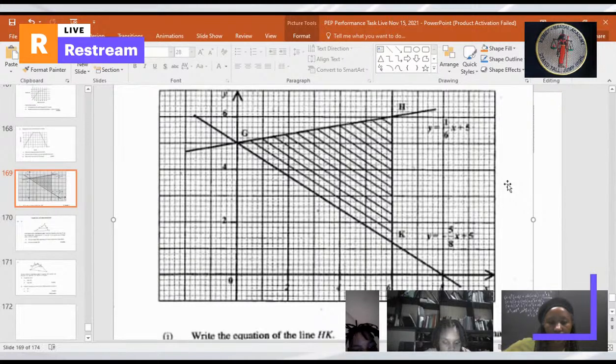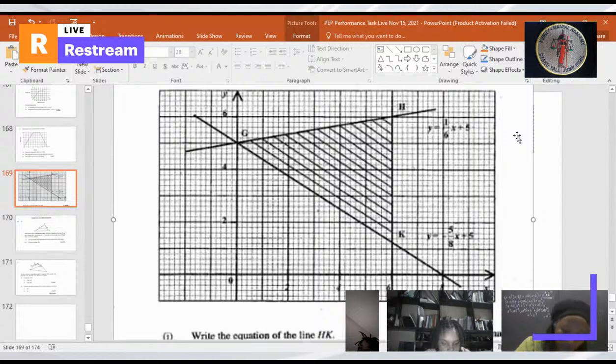This is the line, this one going straight down. What's the equation of that line?